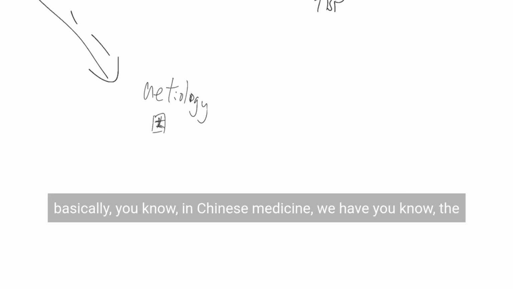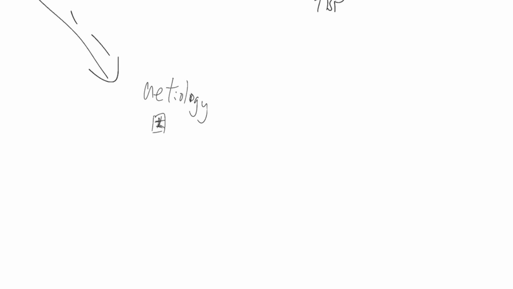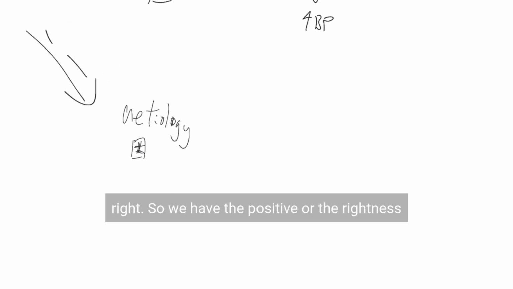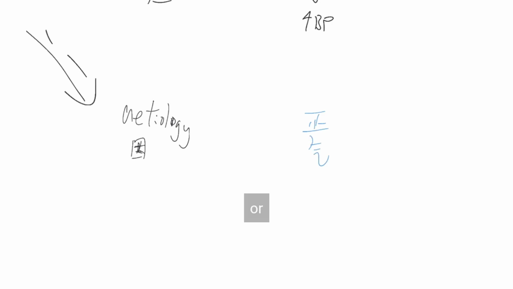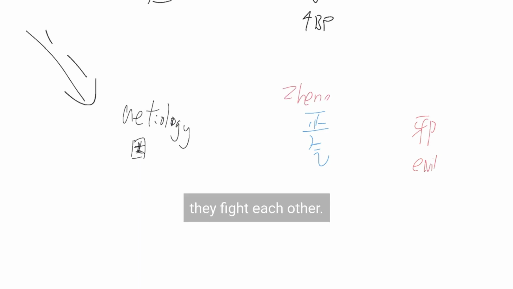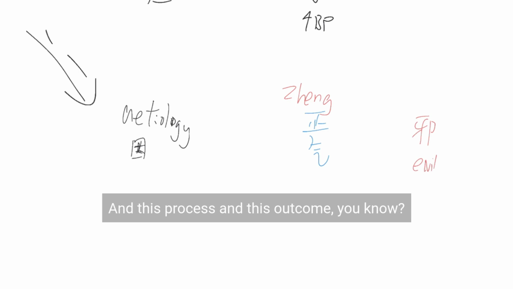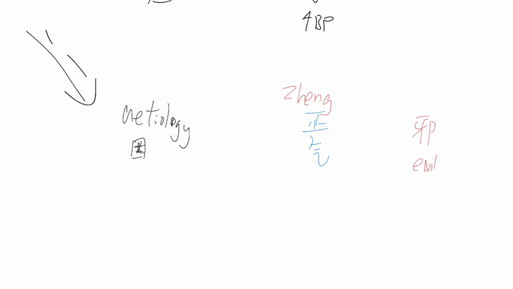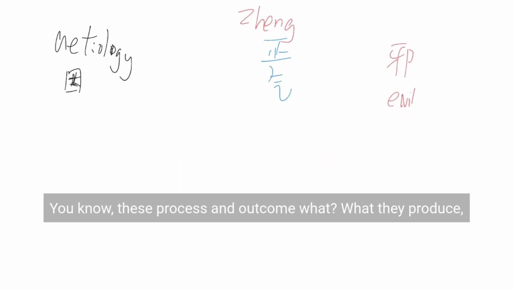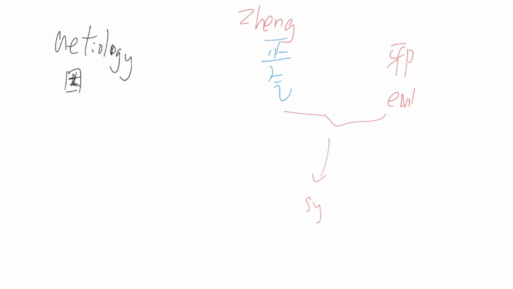In Chinese medicine, we have two things as cause: the positive or righteous qi, and the evil. They fight each other. The zhen pathogen, the positive pathogen, fights with the evil pathogen, and this process and outcome produce symptoms.